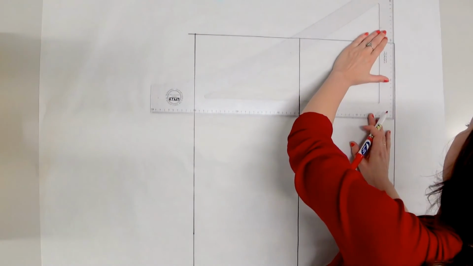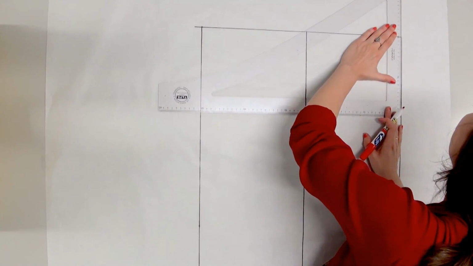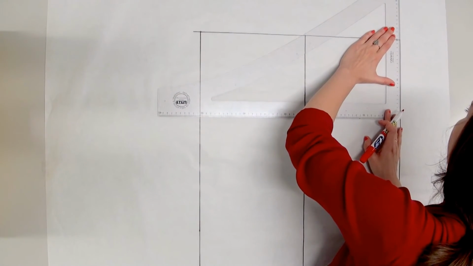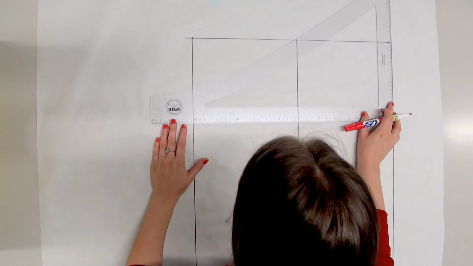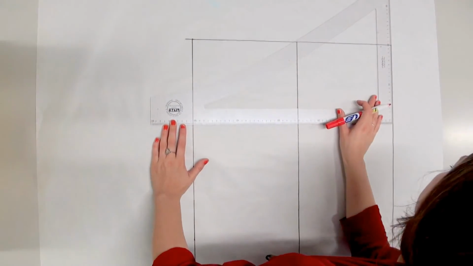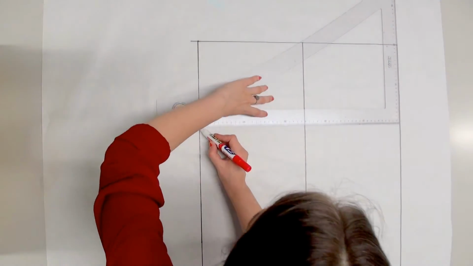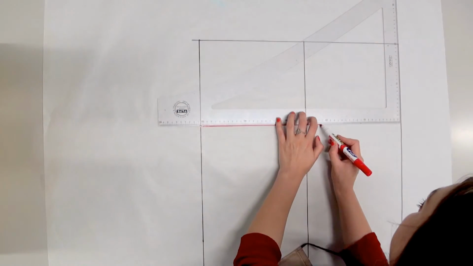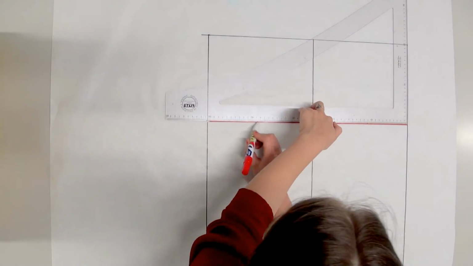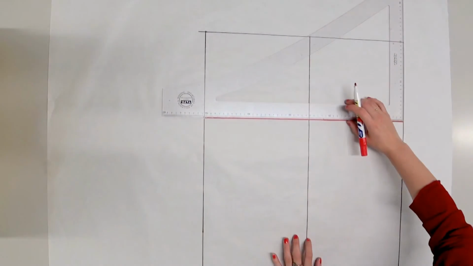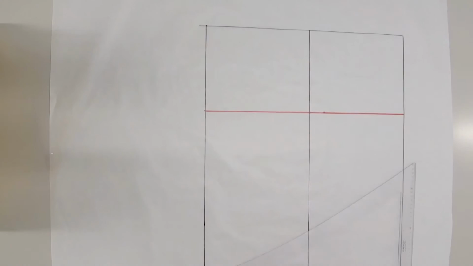So measuring down 20, okay. So I'm squaring off that centre front line. Okay, so the red line forms that hip line there.